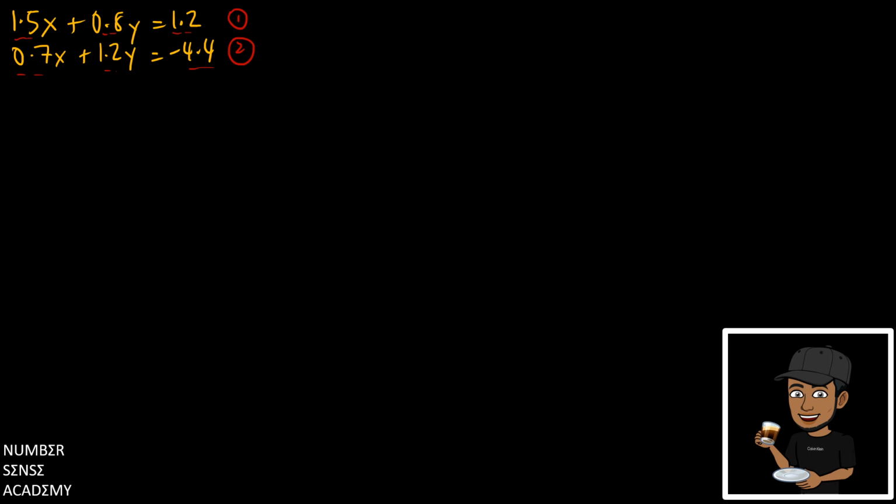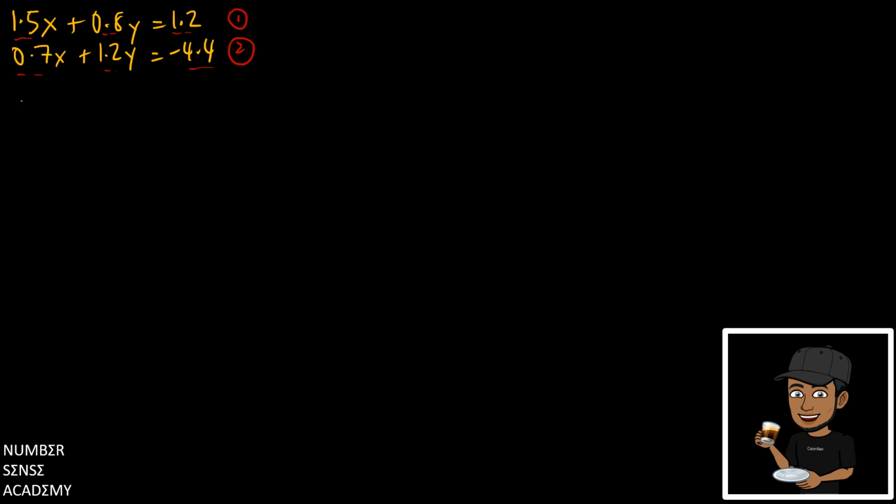Okay, just by looking at this, they all have 1 decimal place. That means I only need to multiply by 10 to make them whole numbers. And by the way, I could already look at this and see it might be a long one to solve. So here we go.